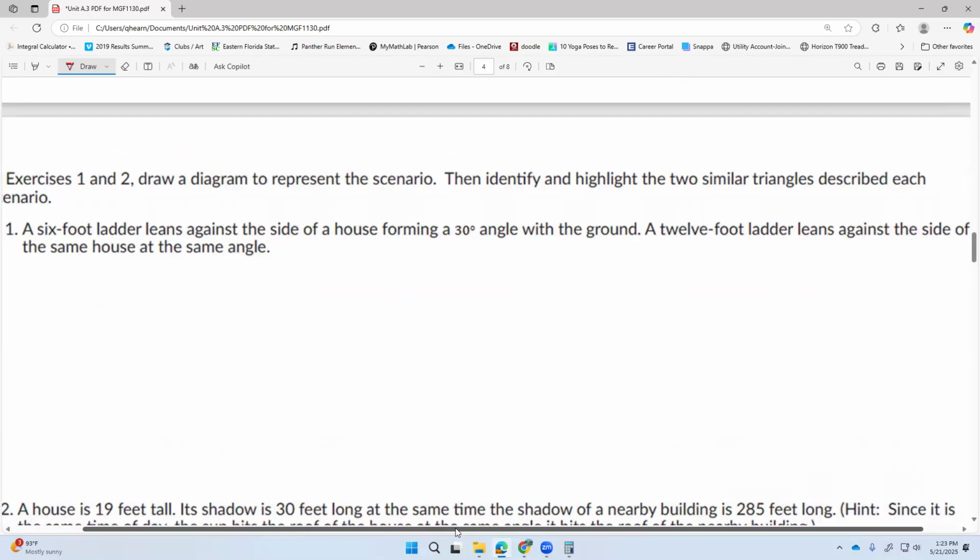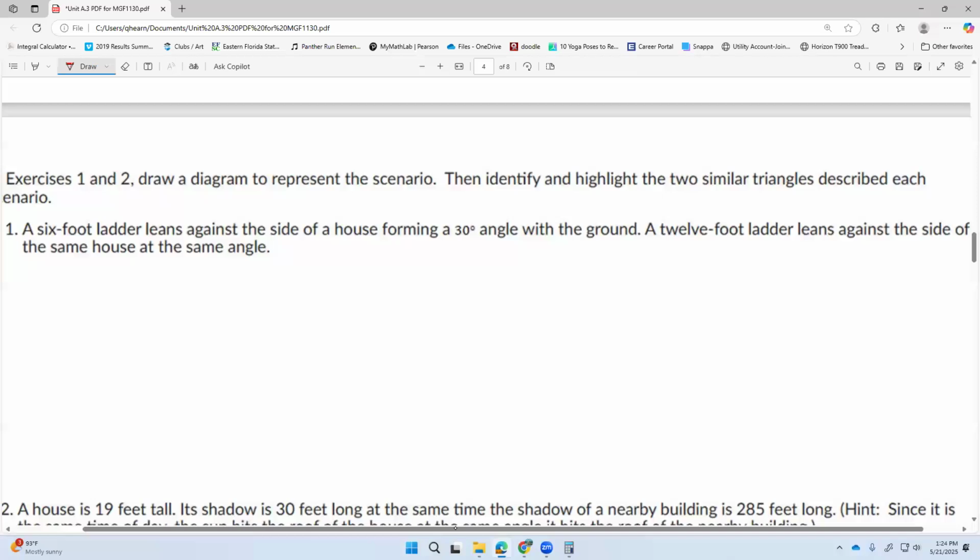We're just going to try to represent the scenario in a diagram and identify any triangles that are formed. If you would like to pause the video and try to draw the diagram on your own, that would be great because that will give you time to think about the problem. And then once you think you have the solution, you can compare it to what I do next. And that will help you to see if you're on the right track or how you need to adjust your diagram.